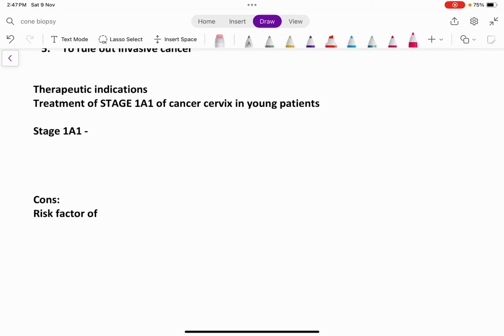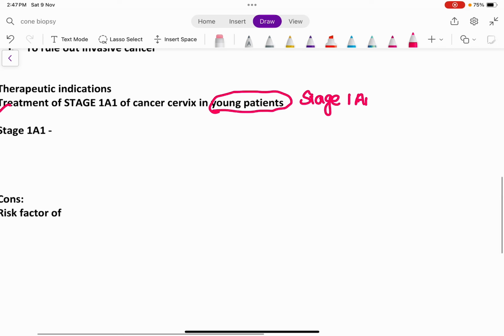The one such therapeutic indication of cone biopsy or conization is that it is done as a treatment. But it is done as a treatment in young patients. So young patients with cancer cervix, if it is stage 1A1. When we discuss cancer cervix, we'll be discussing the staging. But as of now, you have to remember one thing with respect to the cone biopsy. That is stage 1A1.